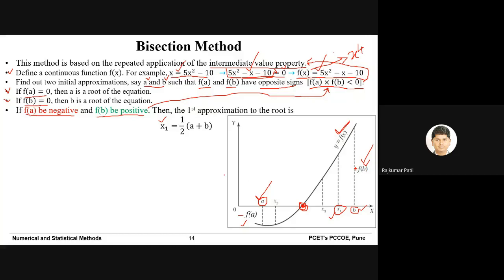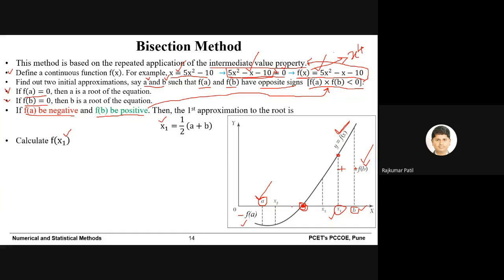For this first approximation you get the value of f(x1), and from the figure you can see that f(x1) will be positive.